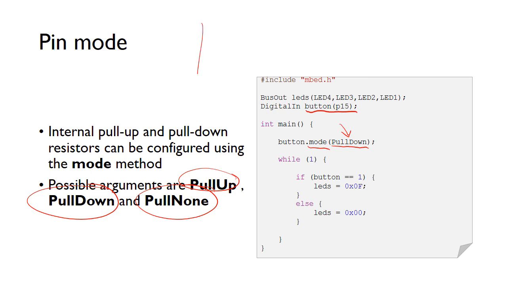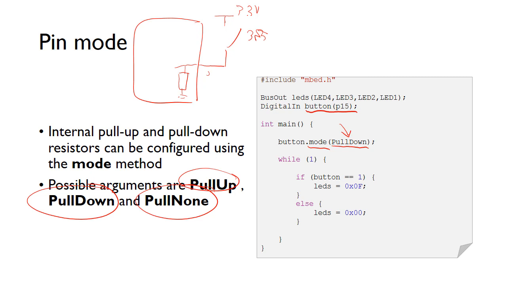So in this case, we won't need an external resistor, because we've turned on the internal pull down resistor. So essentially we've turned on this internal pull down resistor, and here is 3.3 volts, and that's a switch. So you can see now when the button is not pressed, it's going to be a 0 on here.